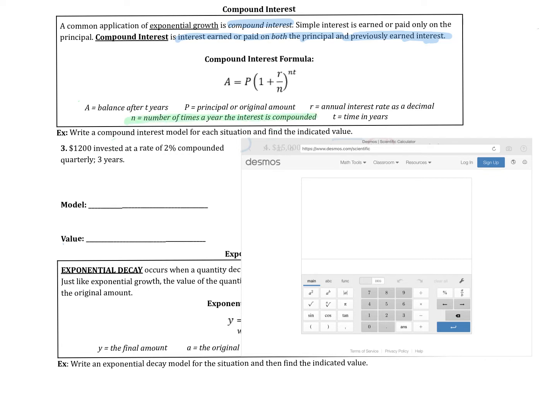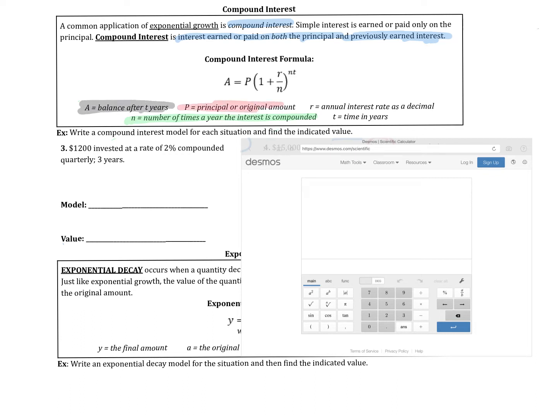So if it happens annually, N would be 1, and we would actually just have the formula that we were just looking at before. If N is biannually, then that would mean twice a year, which would mean that N would be 2. If it's monthly, then N would be 12. If it's quarterly, then that would be 4 times a year. So N is the number of times that it is compounded. A is what we're actually looking for. How much money do we have at the end?